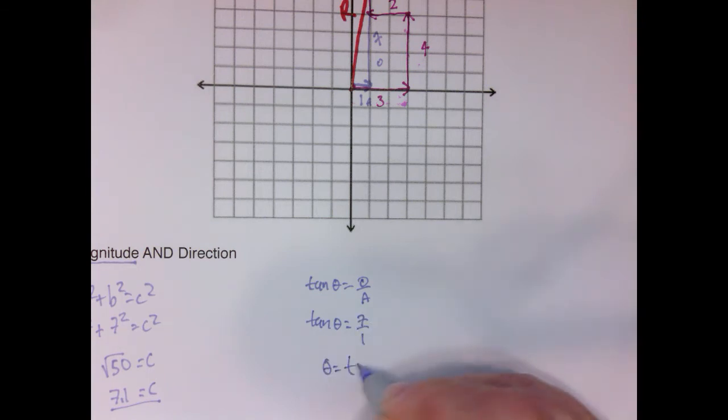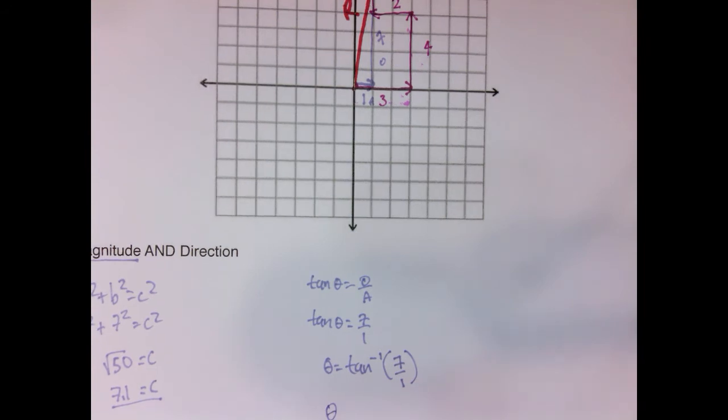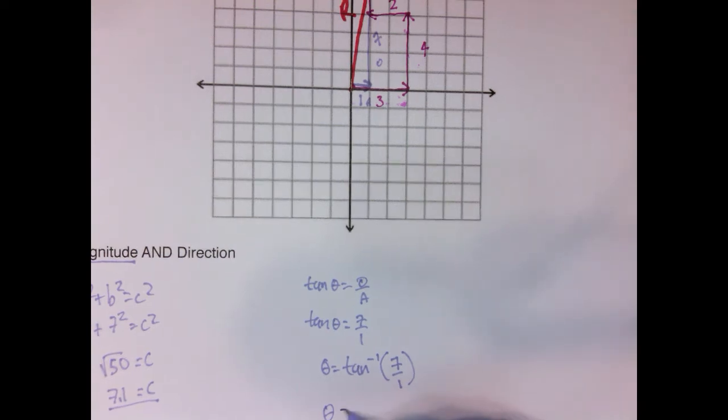Theta then is the inverse tangent of 7 over 1, which is about 81.9 degrees.